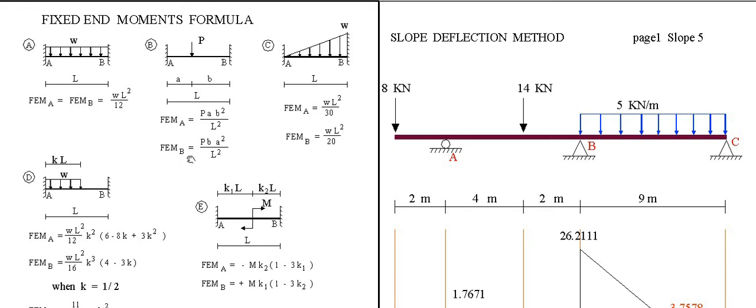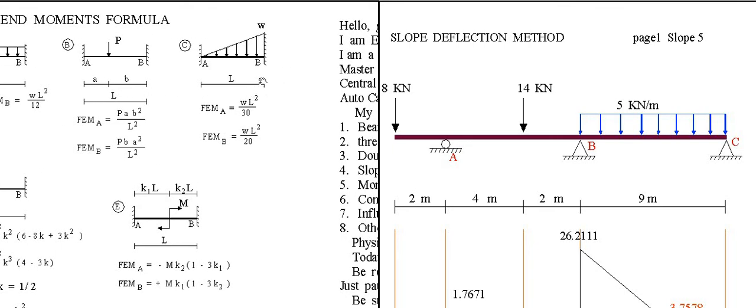For fixed end moment at B, the near distance is B, then the far distance is A square divided by L square.